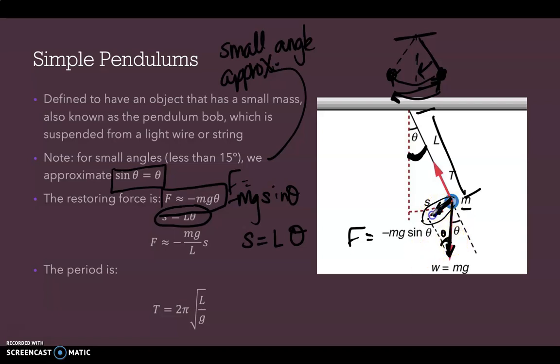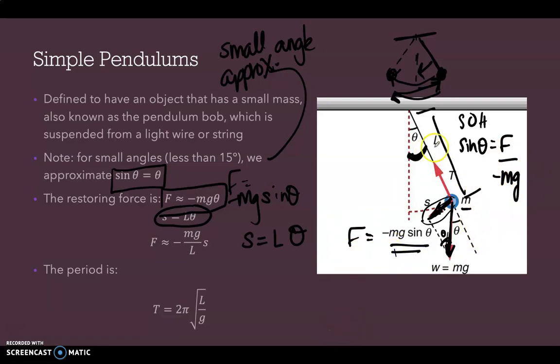It's going to be the opposite over the hypotenuse. Just to give you a background of how we get to this: sine theta equals my opposite, which is some force F, divided by my mg. I'm going to insert a negative because I know that this is in the negative direction. So then my F is going to be negative mg sine theta, just like this.